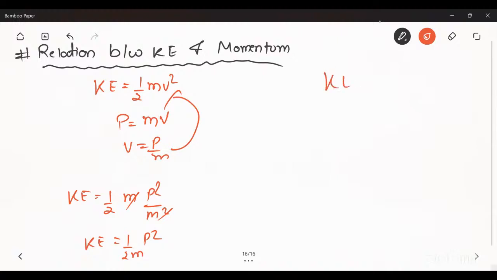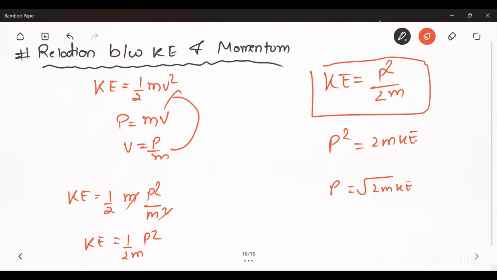So the relation between KE and p is KE equals p square by 2m, or you can say that p square equals 2m KE, or p equals under root 2m KE. That was the relation.